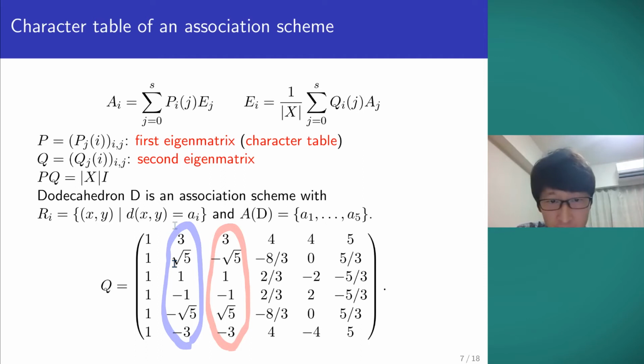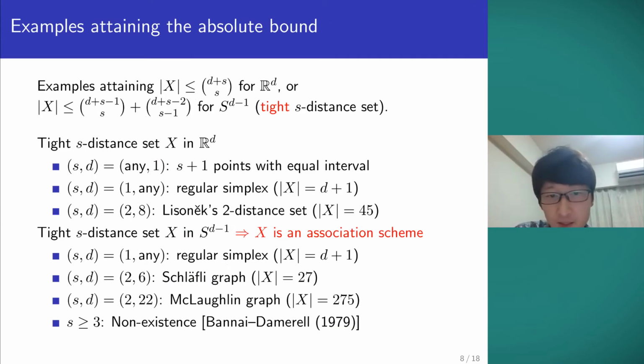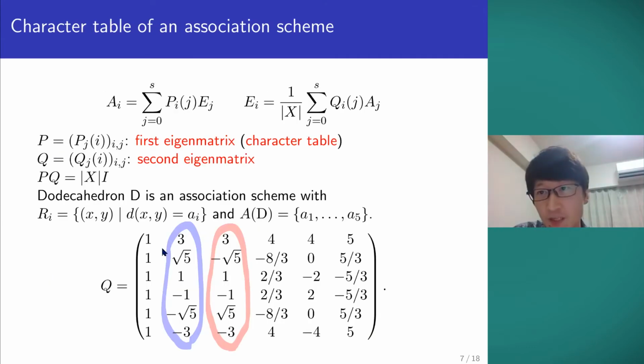In this column, the first entry 3 means the dimension of the embedding. Actually, this part corresponds to the dodecahedron. We have another 3-dimensional representation.